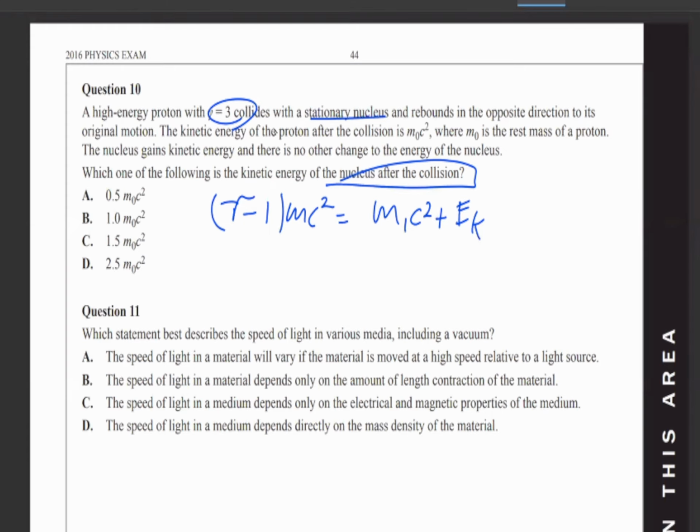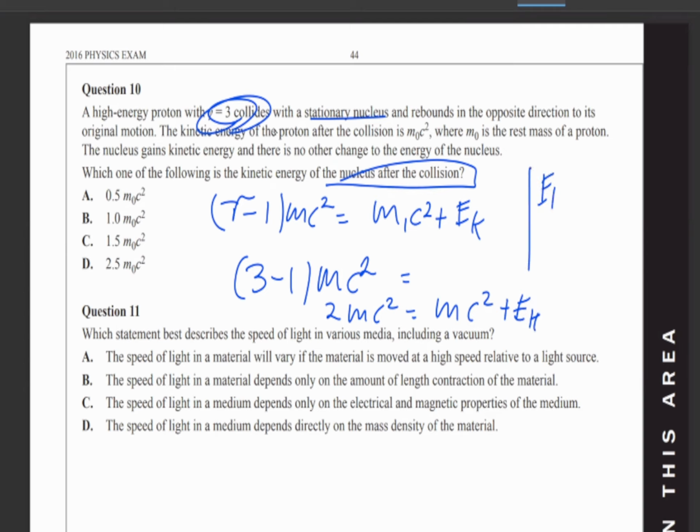We start off with 3 minus 1, m equals 2m c squared plus EK. Then bring this on the other side, so EK equals 1 mc squared.